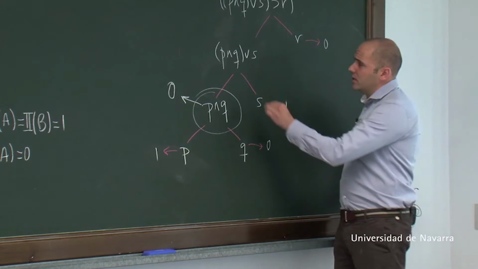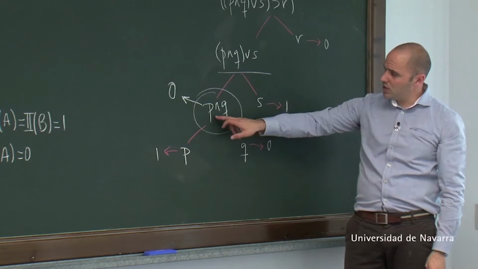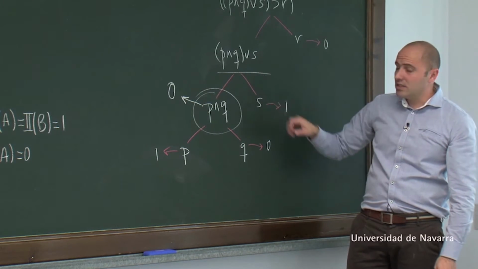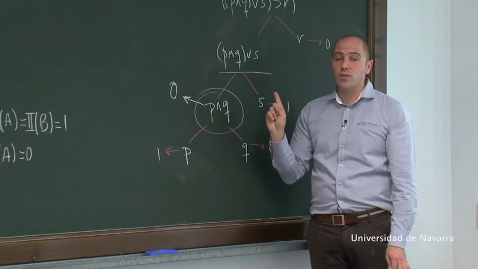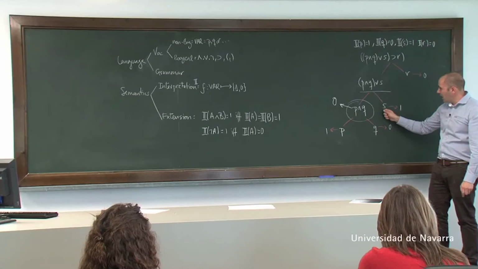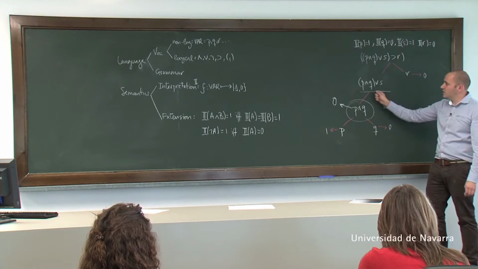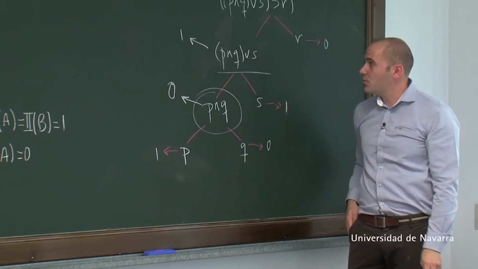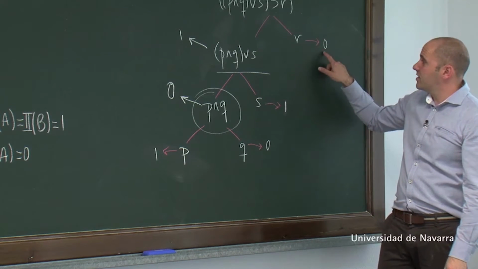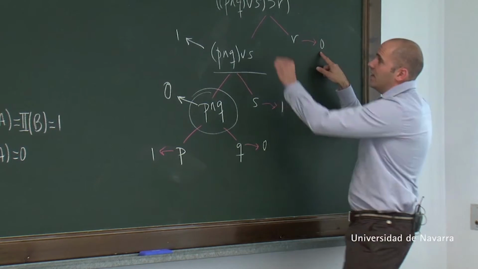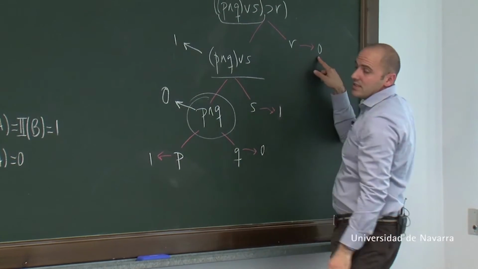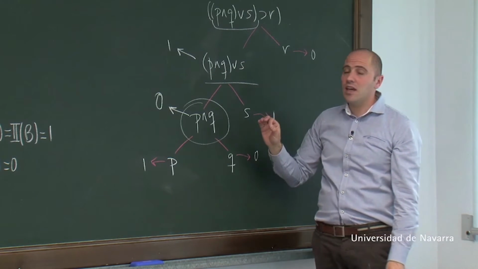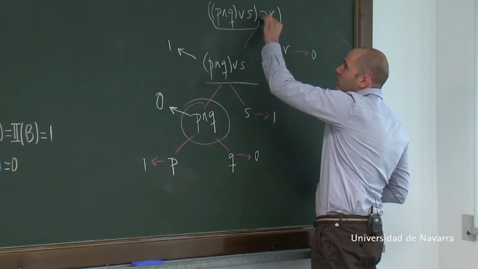Now we've got this formula here. P conjunction Q takes value 0, but the disjunction, in order to be true, requires just one of the members to be true, and S takes value 1. So that's enough to make this disjunction true. So this is going to take value 1 in that interpretation. Now R takes value 0 in the interpretation, and the antecedent of this conditional takes value 1, and this is the unique case in which the conditional takes value 0.